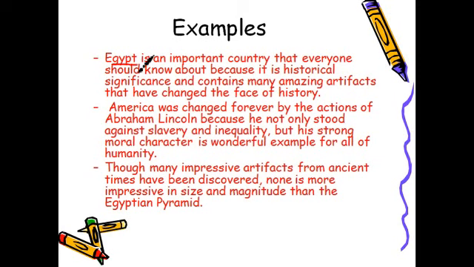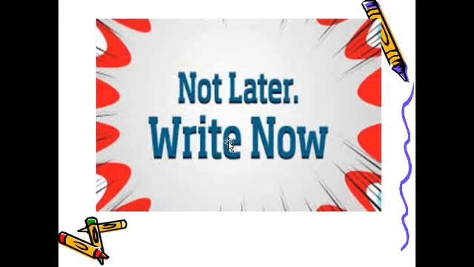We have a clear topic, a clear position or opinion about that topic, and then we have reasons or support for that position. Now that you've had a solid review over what a thesis statement is, what it's not, and how to get going on writing your own thesis statement, I challenge you to leave this tutorial today and write a solid thesis statement. Remember, don't do it later, right now.